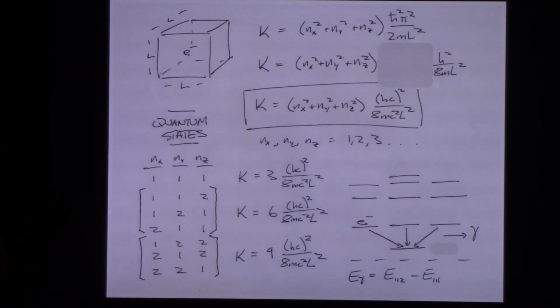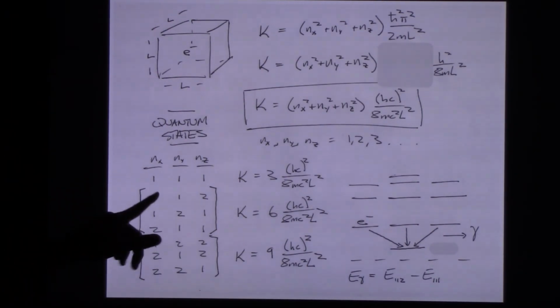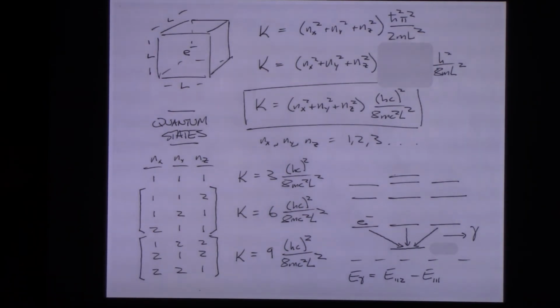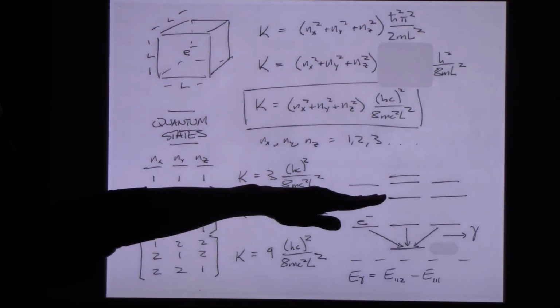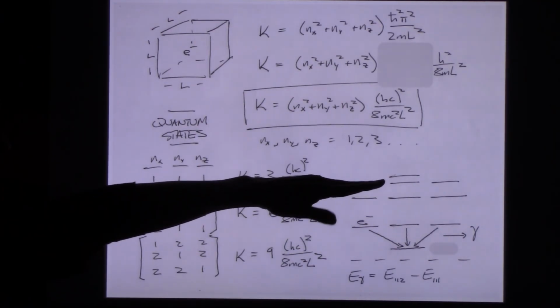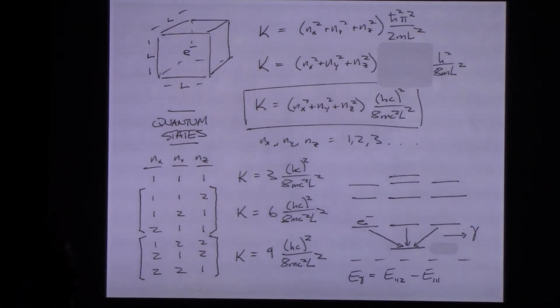I think it's 6 different possible ways we could get that. So we can have 6 states with the same energy. These are called degenerate states. So there's a degeneracy of 3 here, and a degeneracy of 3 here. With 1, 2, 3, if I'm thinking correctly right now, there would be a degeneracy of 6.